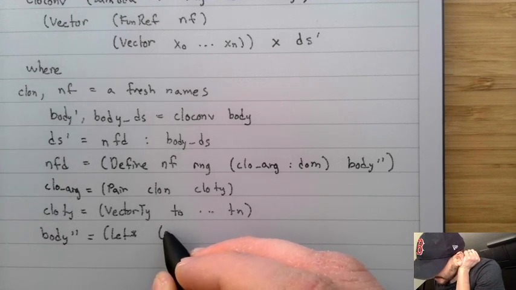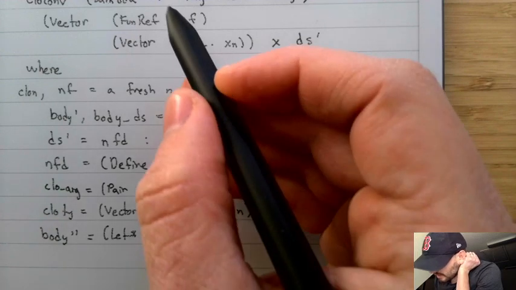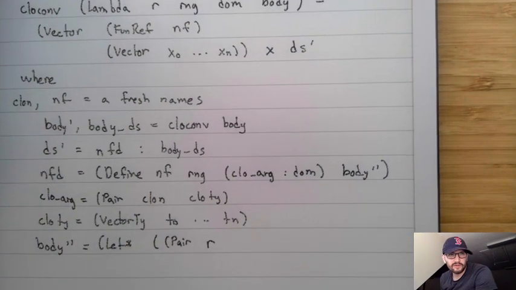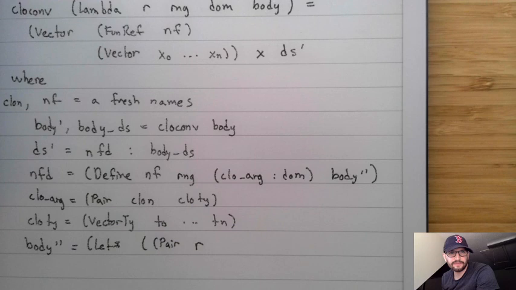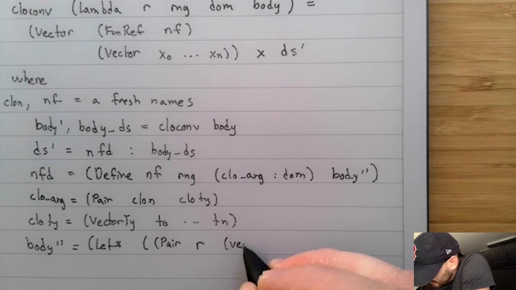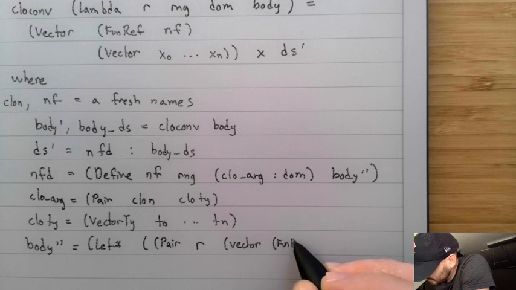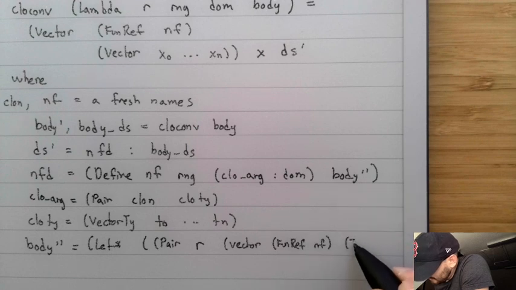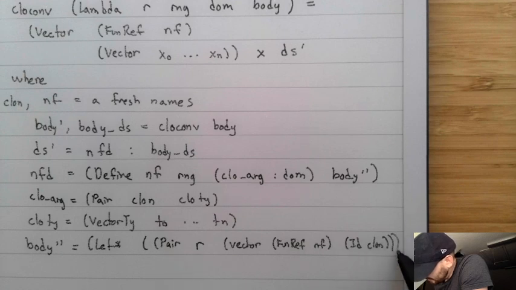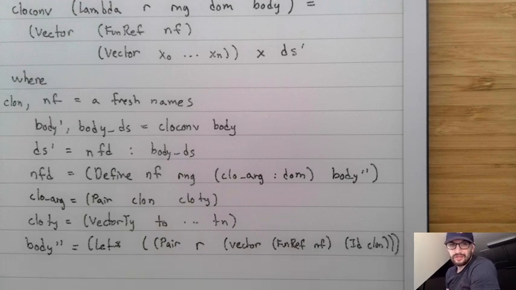We have a pair of the recursive name R combined with a value, which is a vector of a function reference to the new function name, NF, and the closure name. Because remember, we have to be able to recursively call ourselves. That means we have to recursively call this function with the closure that we started with.